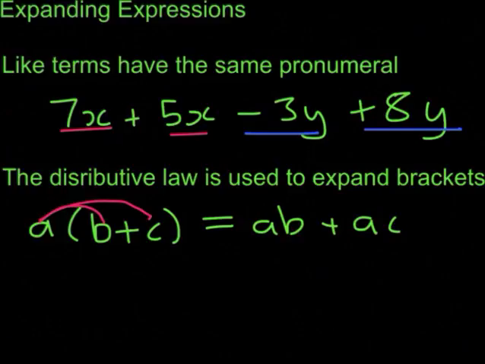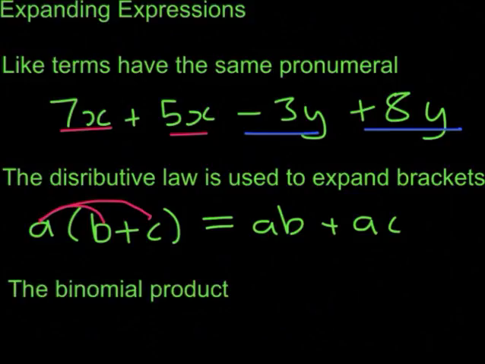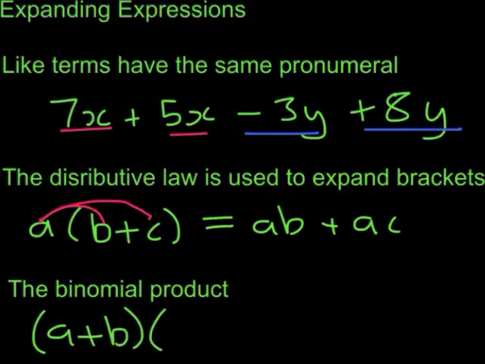We can also have something that uses the distributive law called a binomial product. The binomial product is really just another application of the distributive law. A general example would be A plus B times C plus D. Again, all these terms are going to multiply one another, so every term in the first set of brackets has to multiply each term in the second set of brackets.